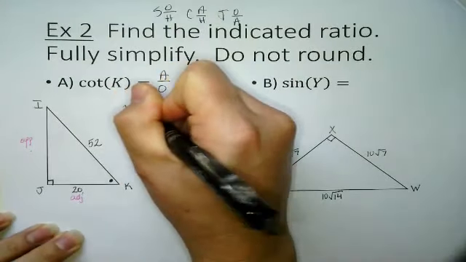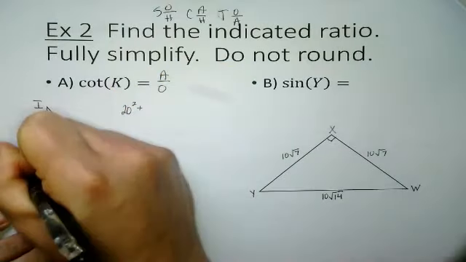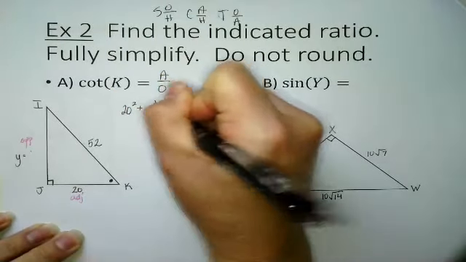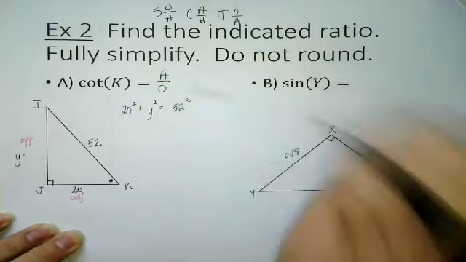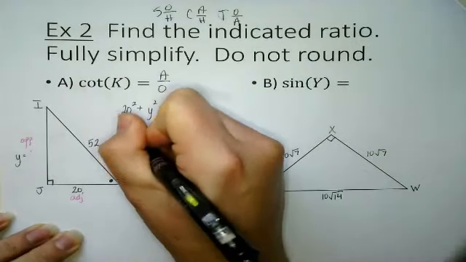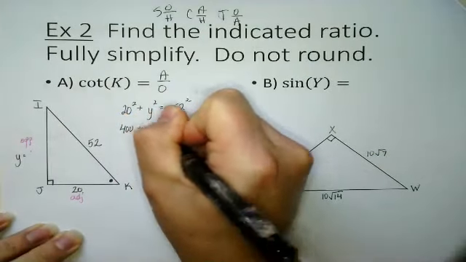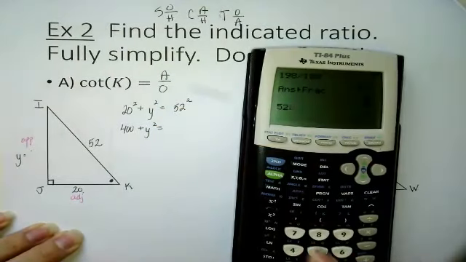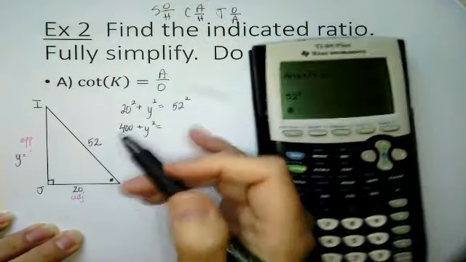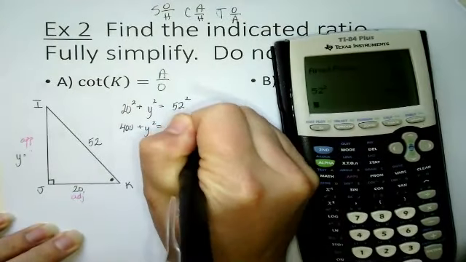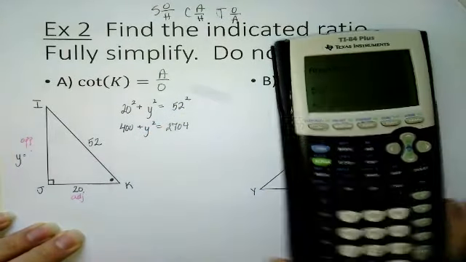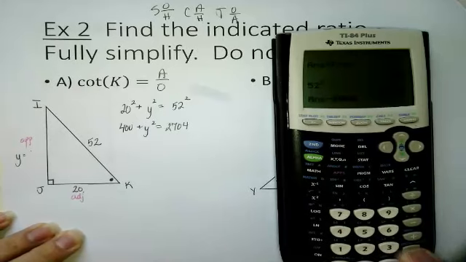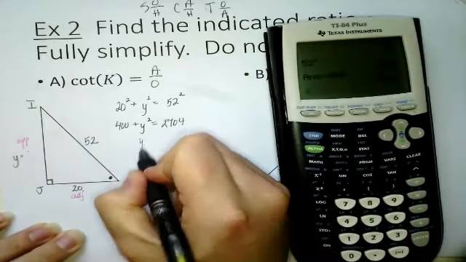So legs squared plus, I'm just going to call this y squared equals hypotenuse squared. 20 squared is 400. I don't know what 52 squared is. 52 squared is 2704. And I'm going to go ahead and subtract 400. I get 2304.